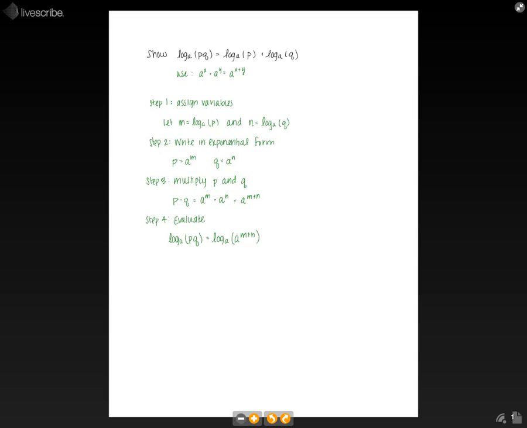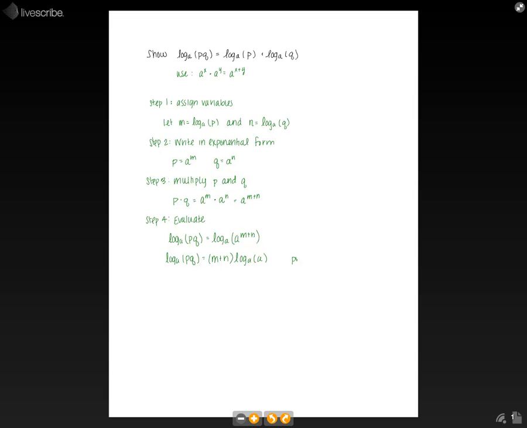Okay, so we know that when we have exponents in a logarithm, we can actually simplify that to log base a of p times q equals m plus n times log base a of a.